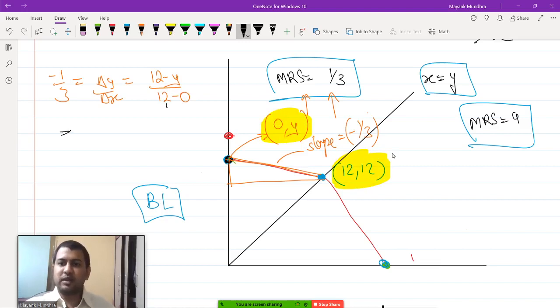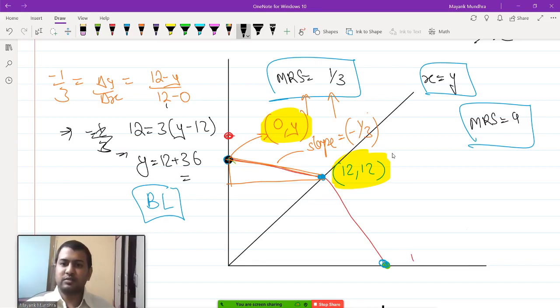Sorry, this is 12. So you can just write this as 12 is equal to 3 times y minus 12, which implies y equals 12 plus 36, which is equal to 48. So y coordinate 48.